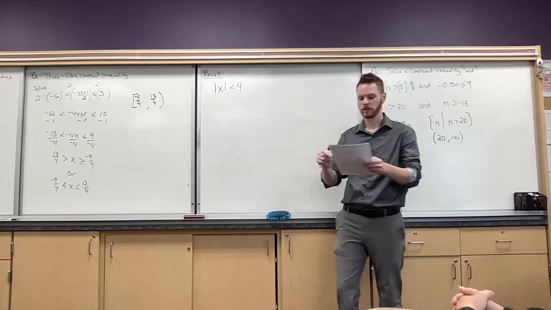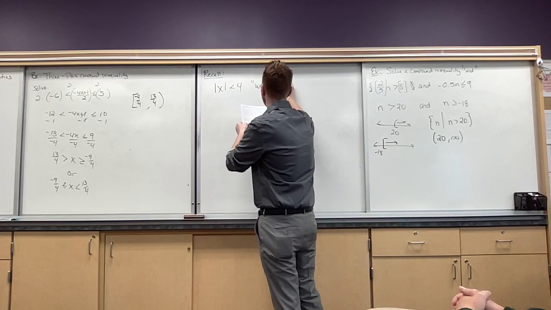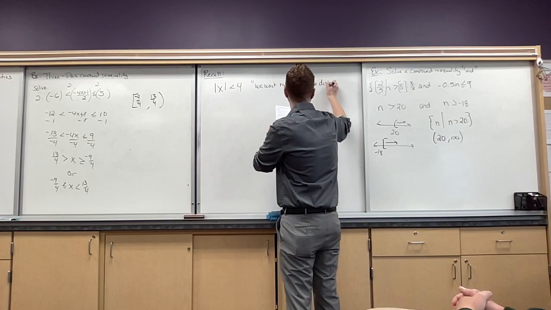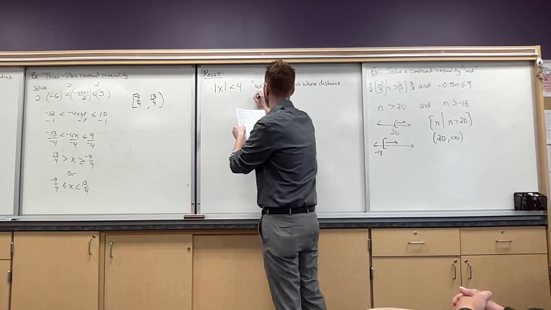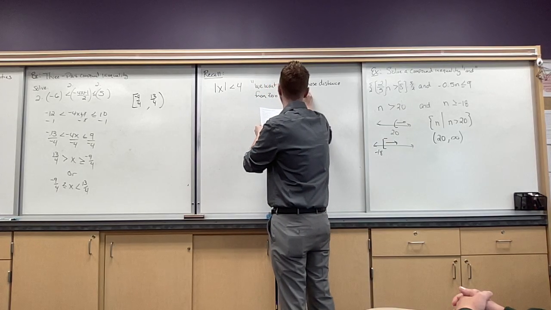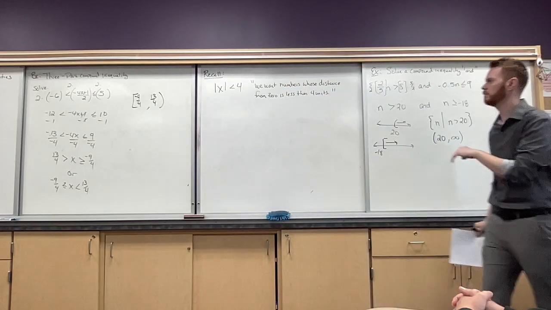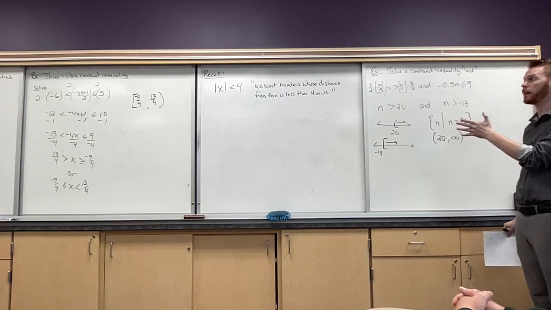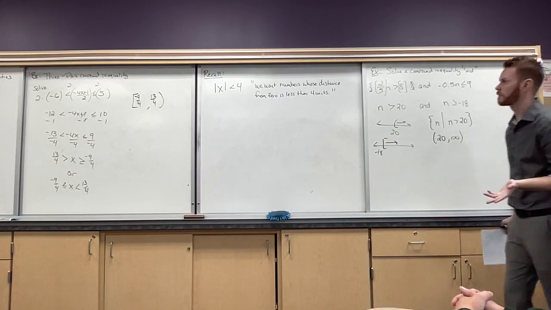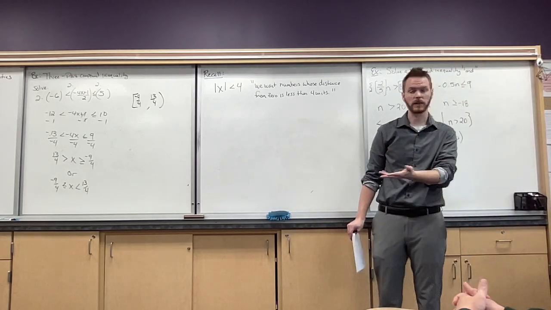That's saying we want numbers whose distance from 0 is less than 4 units. Okay, that's what that's telling me. And we could think of some right now, like 3 would work, 2 would work, 1 would work, 1.7 would work, okay? But we also have to consider the other side of the number line, right? Negative numbers can satisfy this as well.